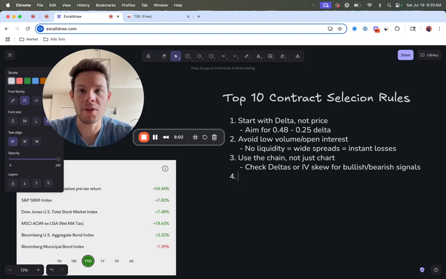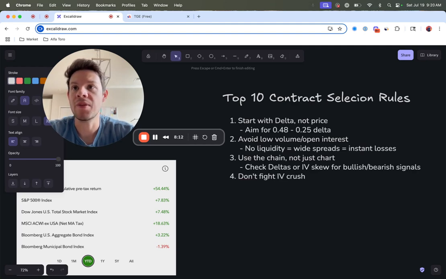Okay, number 4, don't fight IV crush. All right. So when you're picking contracts and there's earnings, honestly, don't pick contracts that are going to lose. You could get further out expirations.